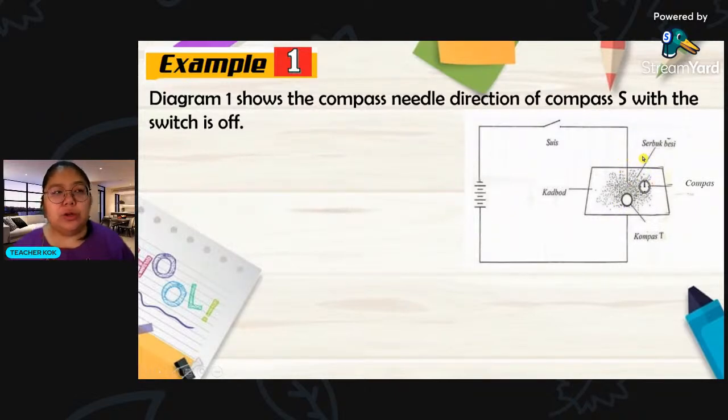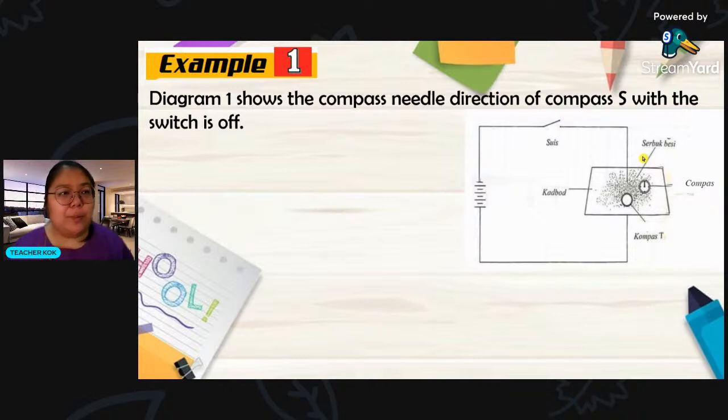So for this one, you need to use your right hand grip. Remember the right hand grip. The current is up. You tell me, is it clockwise or anti-clockwise, how the wire turns? Later we show a circle. But we need to know the direction of the magnetic field. Now is the magnetic field clockwise or anti-clockwise? Anybody here can answer me?